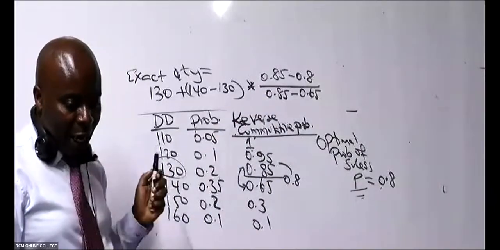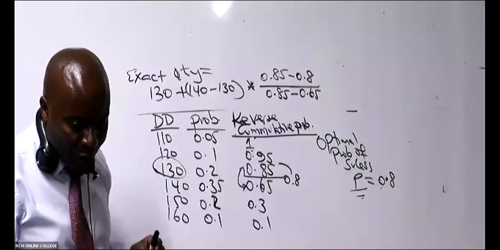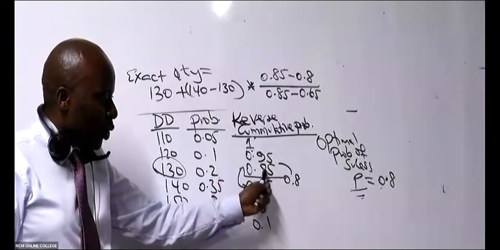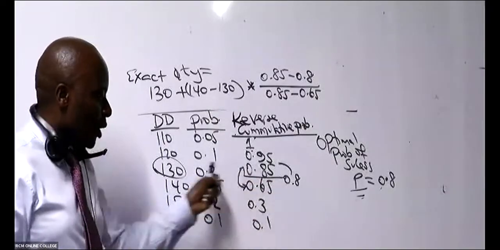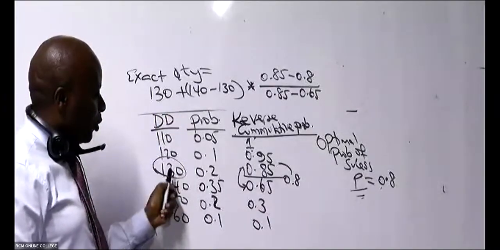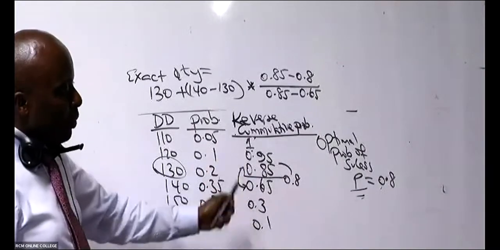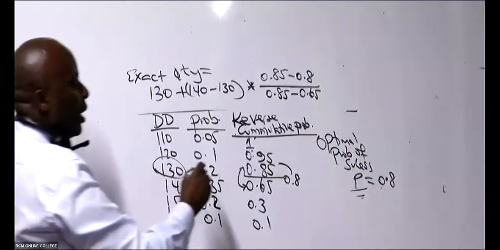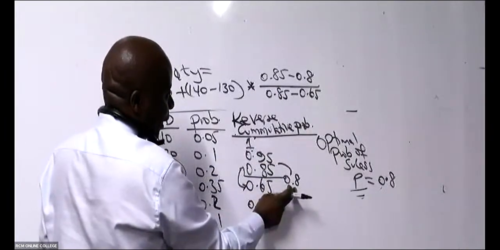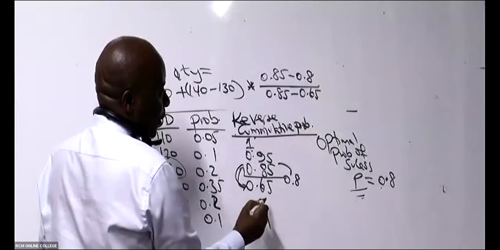Because 0.8 is in between the two, you take the two numbers. So 130 is the smaller one plus the difference between the two. Using these cumulative probabilities, the numerator is 0.85 minus 0.8 over the denominator, 0.85 minus 0.65.